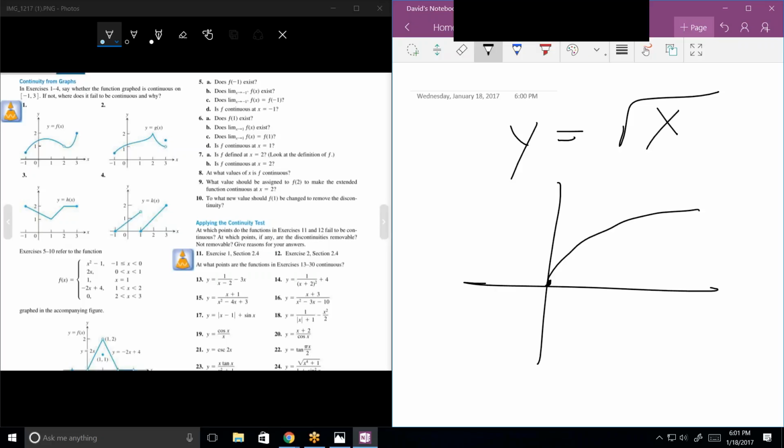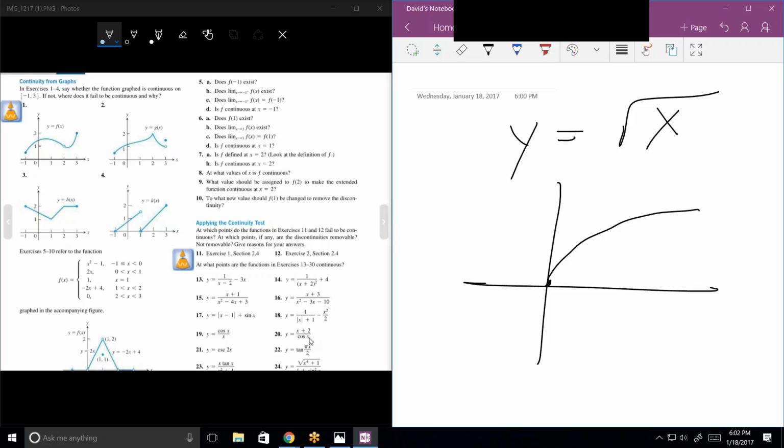In number 20, notice that x cannot be pi over 2, 90 degrees, because if x were pi over 2, I would be dividing by 0. Cosine of pi over 2 is 0.